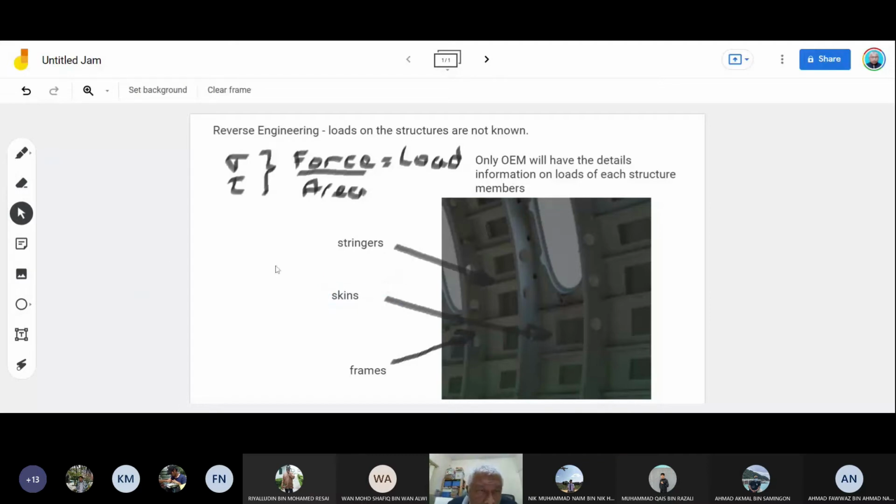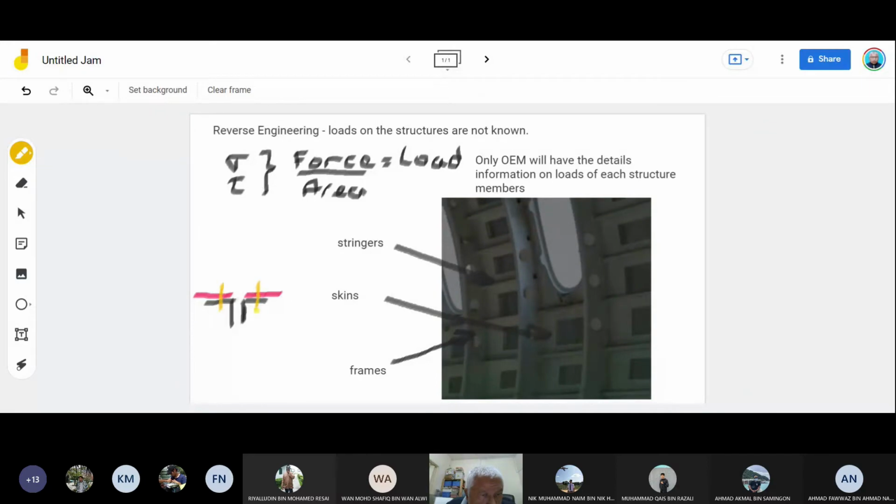So how are they connected? They connect those by rivets, and the connection we call a joint. For example, this is a frame cross section, L, this is another frame, and then we have skin attached to the frame, and then we install rivets.